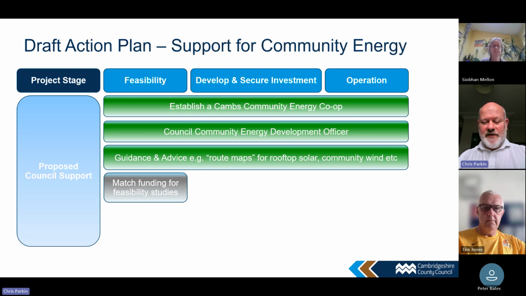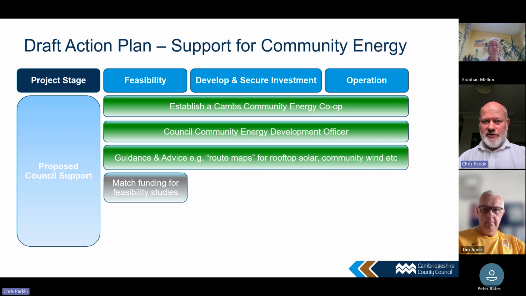Fourth idea was match funding for feasibility studies. So we talked about the Community Energy Fund grants being available, but having caps on them at £40,000 for feasibility study work and £100,000 for project development. So it may well be that some projects would exceed £100,000, and the council could potentially then offer some match funding for those.